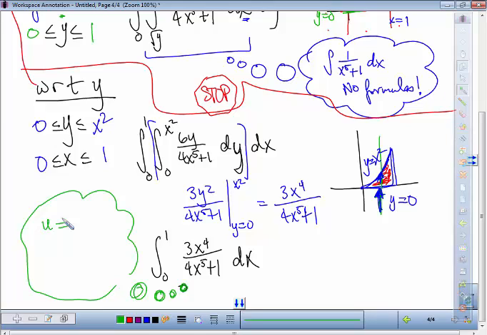And then you start thinking about integration by parts, trig substitution, and all those other things. But the first thing, U substitution. And if you let U equal to the whole thing in the denominator, there you go. Your x to the fourth is right there waiting to be canceled. Or however you do your integral.